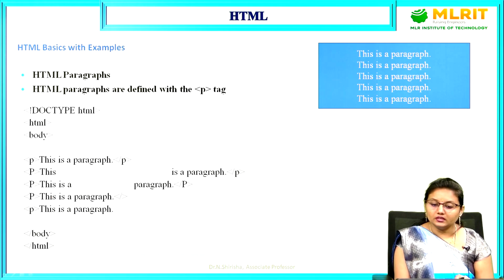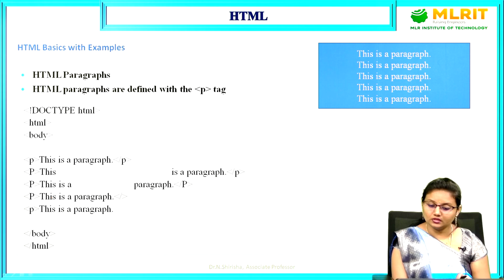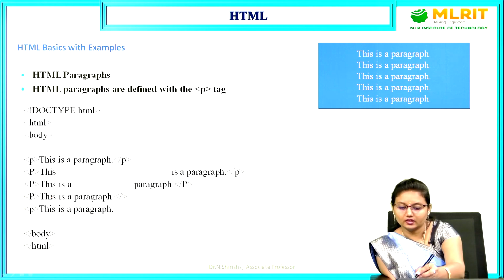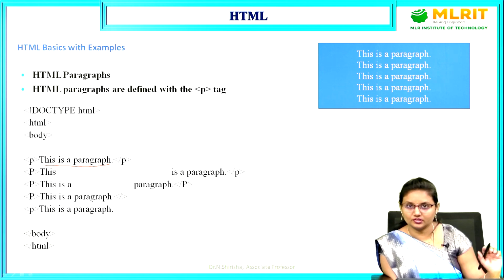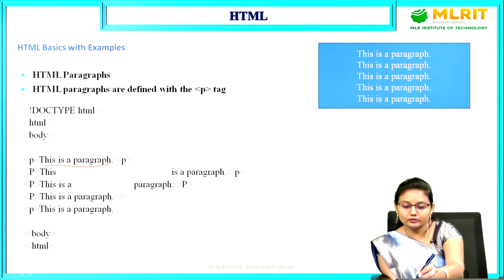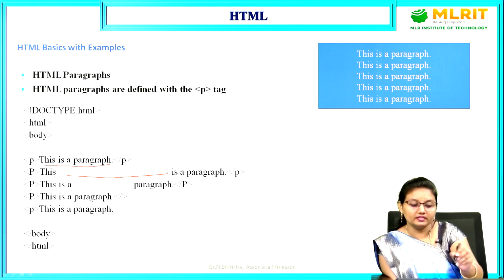And this tag, again a paragraph tag which we have discussed, but there are different ways we have given it here. If you see the content, this is a paragraph. We have given it at a stretch, one line statement. But here if you see this, we have given a lot of space, tab spaces, and then we have continued as a paragraph. So what is the difference between this and this in the output?